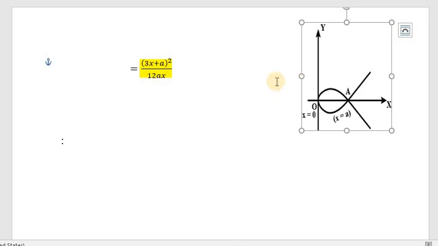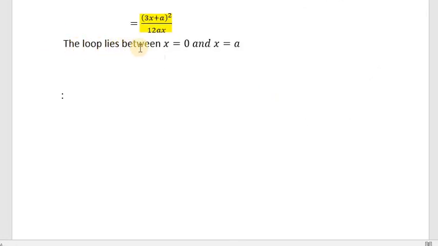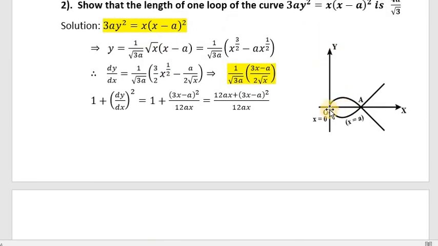The loop lies between x is equal to 0 and x is equal to a. This is the point where x is equal to a.